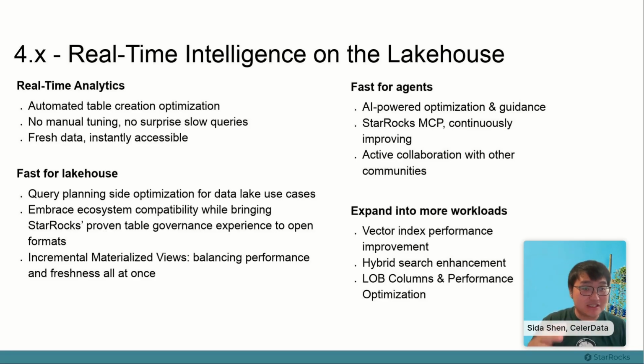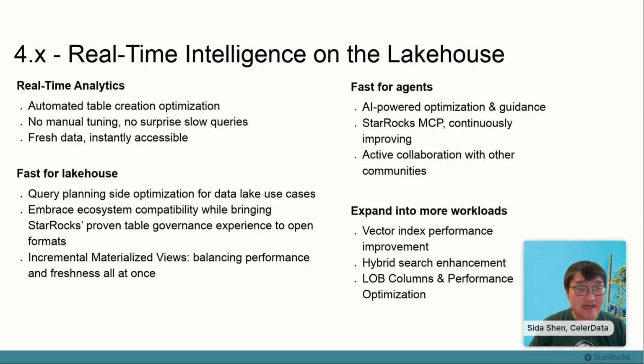So we're actively collaborating with other open source communities to bring this whole agentic SQL experience to all of you. And also to expand into more workloads, for example, vector database: to use StarRocks as a memory for LLM systems, or to search with semantics and context, to use StarRocks as a vector database.